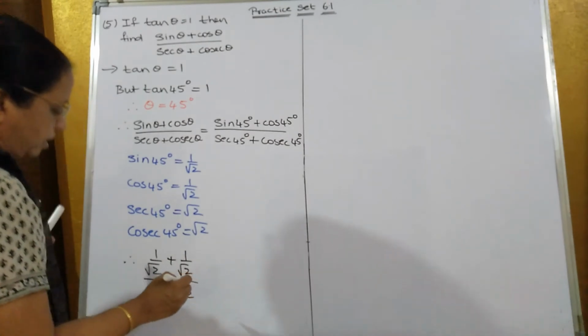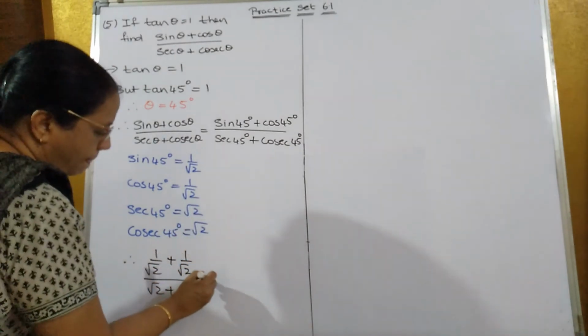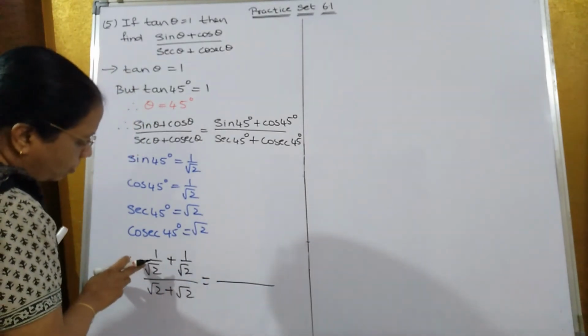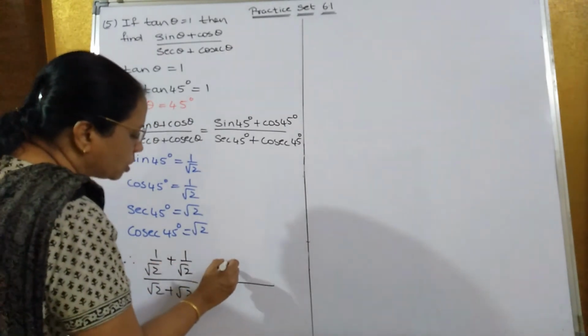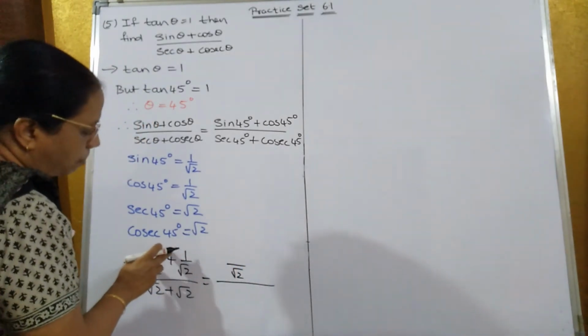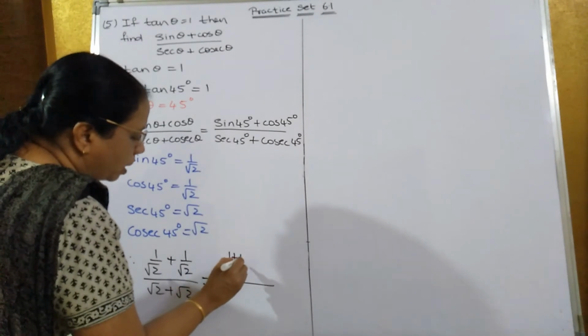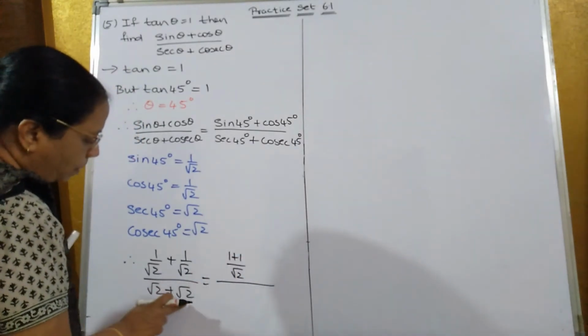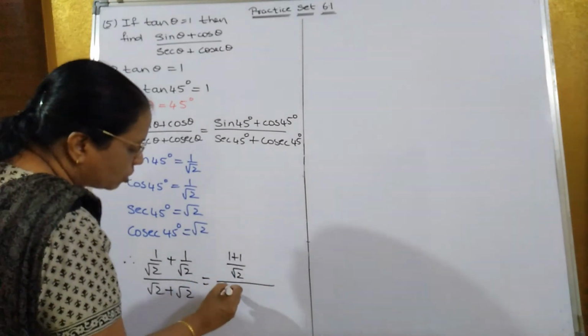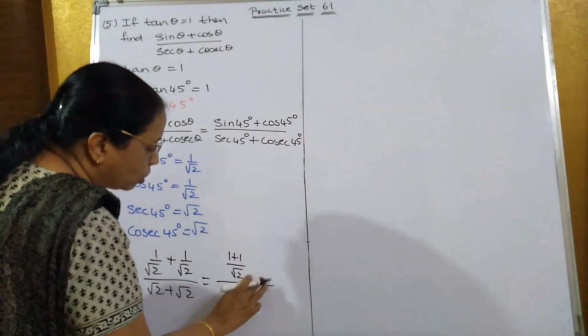Now in the numerator the denominator is root 2, root 2, so root 2 is common, and in the numerator we will have 1 plus 1. Below we have root 2 plus root 2. One apple and one apple make 2 apples, so it became 2 root 2.